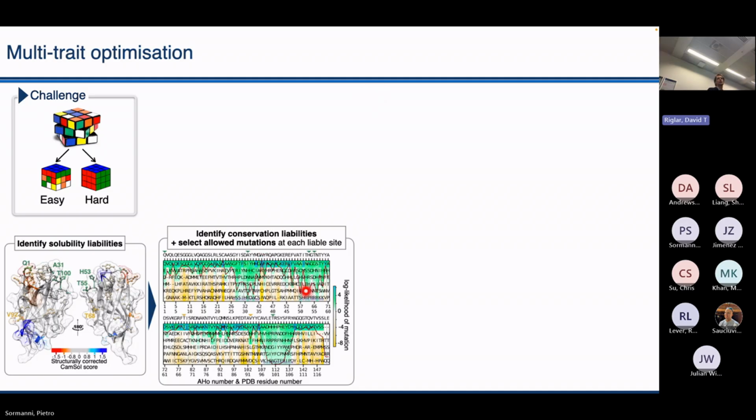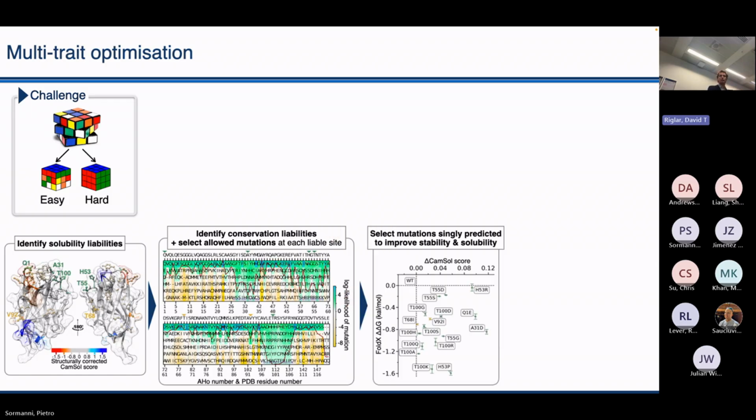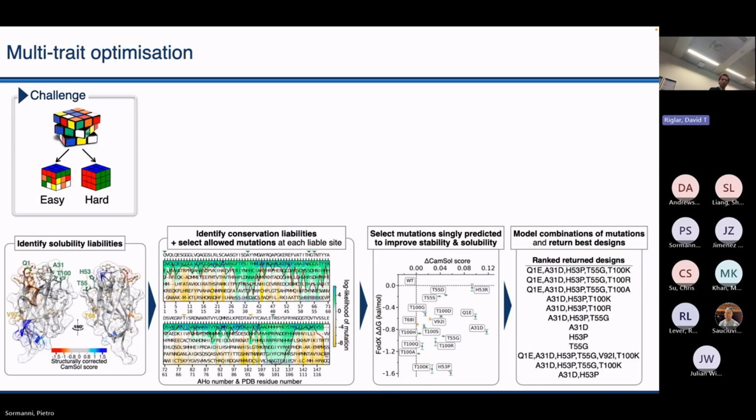So we have these very curated alignments, in this case of other nanobodies. Obviously, we have them for human antibodies and mouse antibodies and therapeutic antibodies as well, where we look at positions that are not well conserved, and then we predict at these liable sites identified in these two ways the mutations that are enriched according to our alignment, so that are observed in nature as well, and we score them by solubility improvement on the x-axis, stability improvement, and finally we combine them.